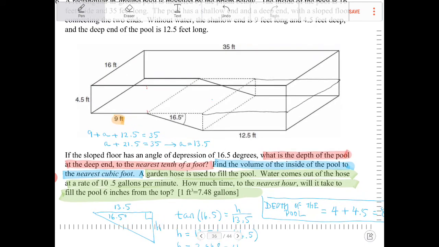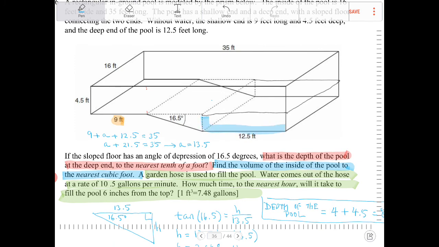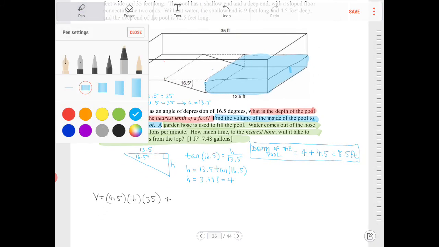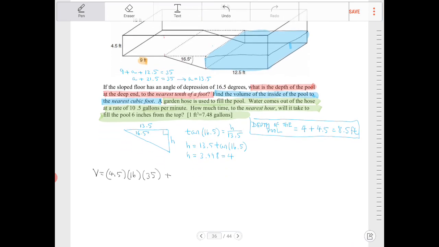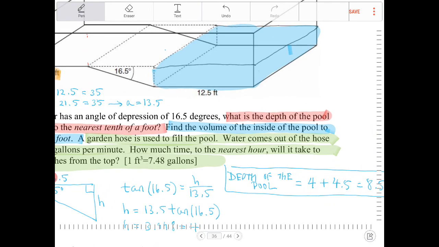The next thing I'm going to do is find the volume of the small rectangular prism, and just highlight which one I'm talking about. I'm talking about this guy over here. So that is going to be 12.5 times, well, we found this dimension here just a moment ago, didn't we?